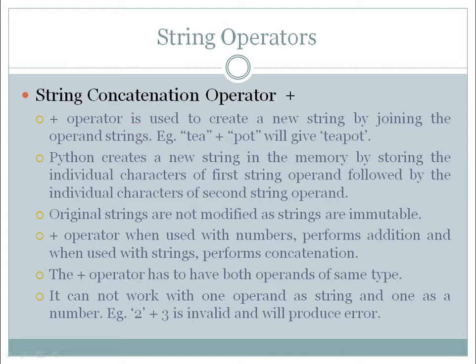But you cannot have one string and one number. String concatenation cannot work with one operand as a string and one operand as a number. For example, string 2 plus numerical 3 is invalid and it will produce an error. So the plus operator can either be used with both numbers or both strings.